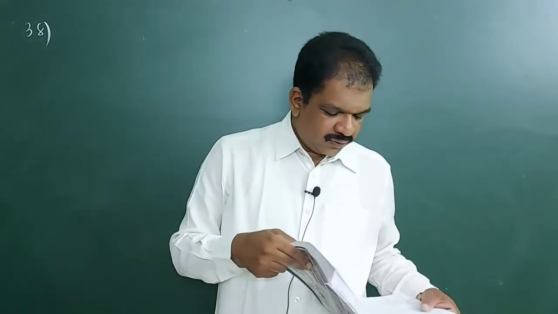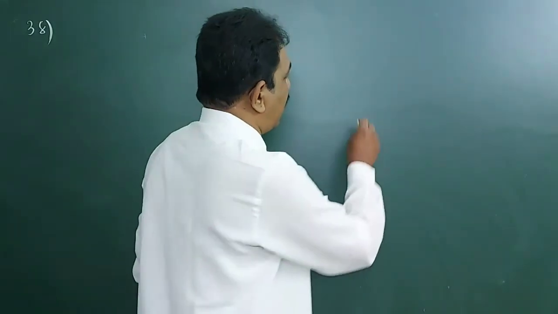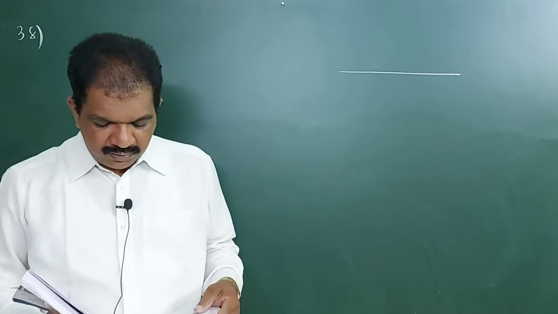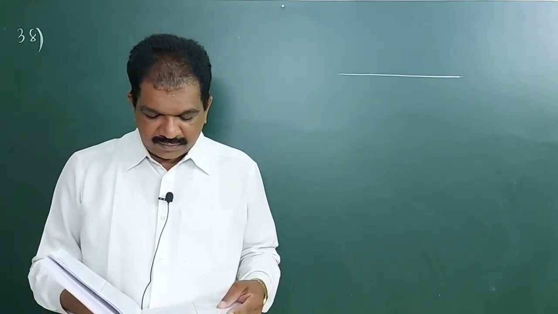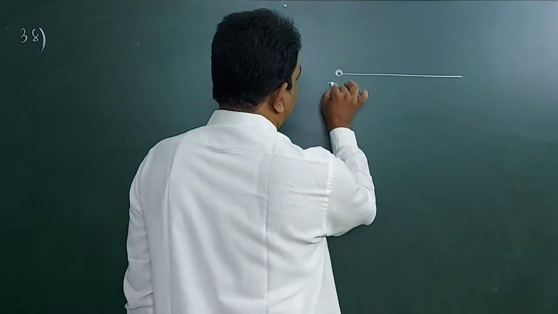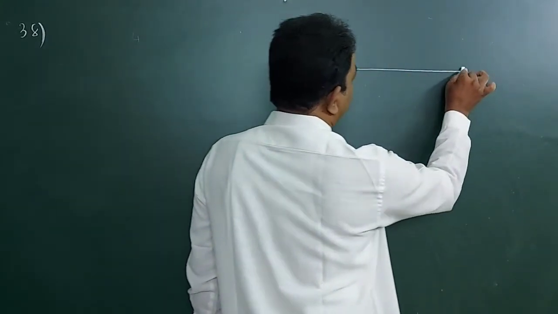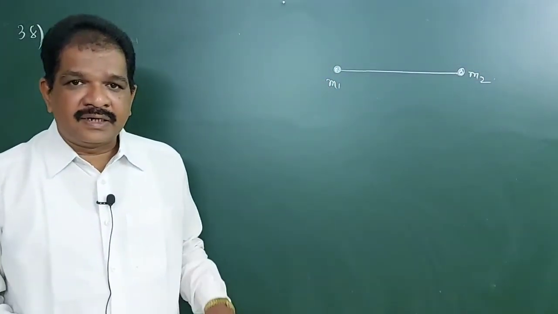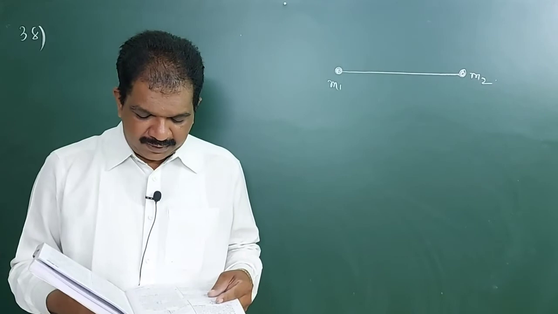Okay. So here one massless rod is there, of length L. Here two masses are fixed at the ends.